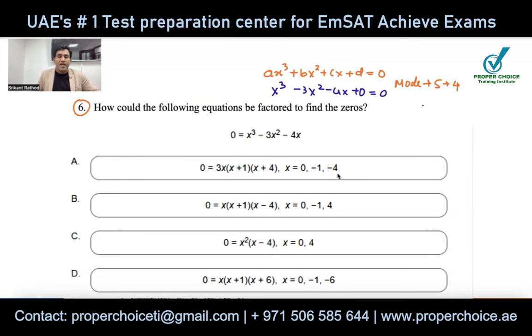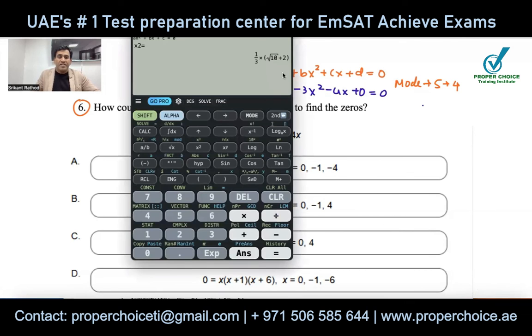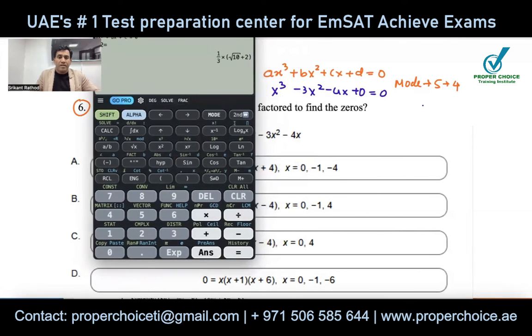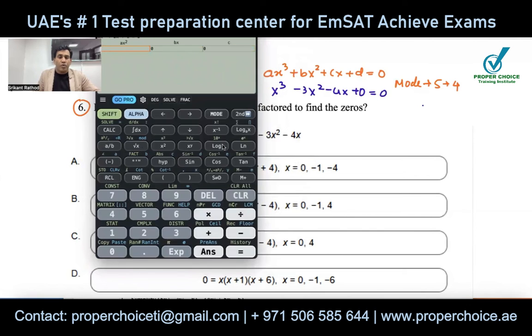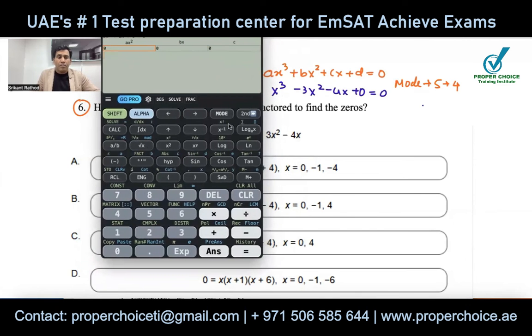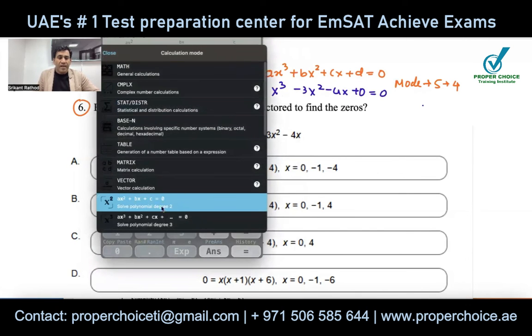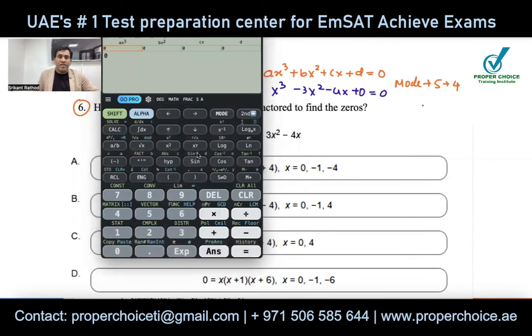So let's use the calculator and solve the equation we have written. We go with mode, type 5, 4, so I select mode and the type here, so it's going to be cubic. That is how the calculator window opens. I have to type the a, b, c and d values carefully.